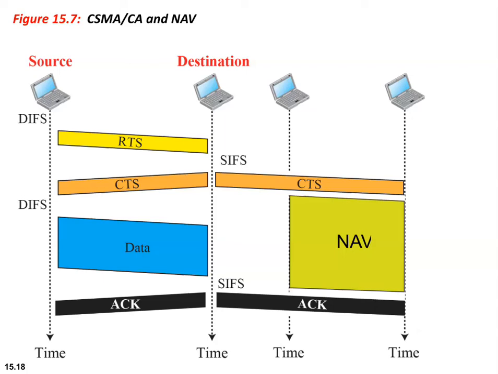By looking at that duration of time, the stations that are affected by this transmission, that means the stations that also need to contend for the same channel to send data, create a timer called network allocation vector. When this timer is started, the duration of time gets decremented.